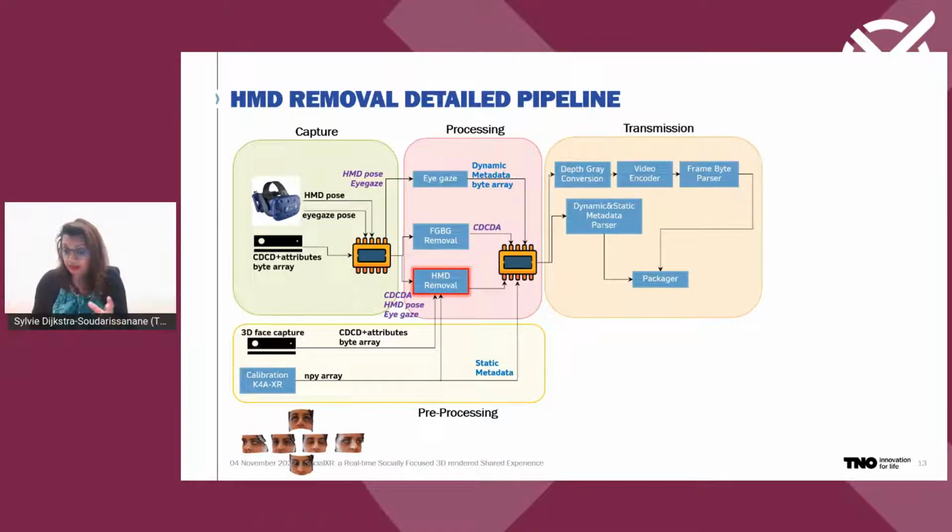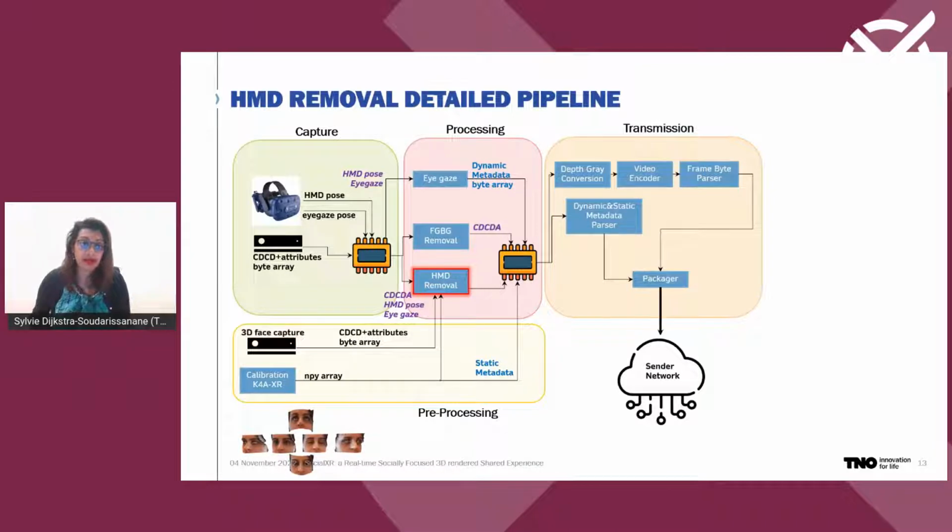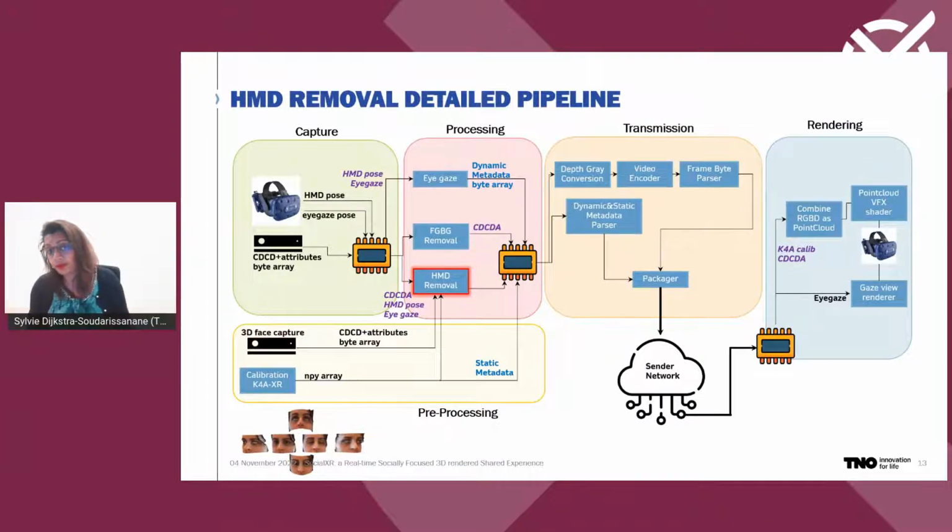So there are all types of conversion and encoding, but also parsing the different metadata that we need to convey, packaging everything, sending it to a cloud-enabled network, and then there you go. We're going to render it on the other side's glasses. In that way, we have a detailed technical pipeline of the system.